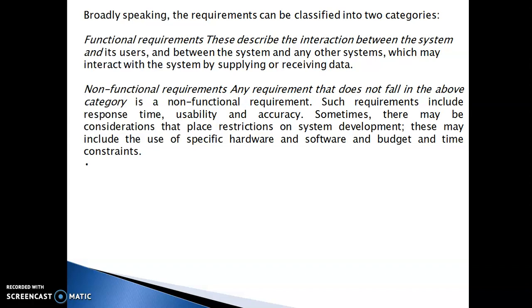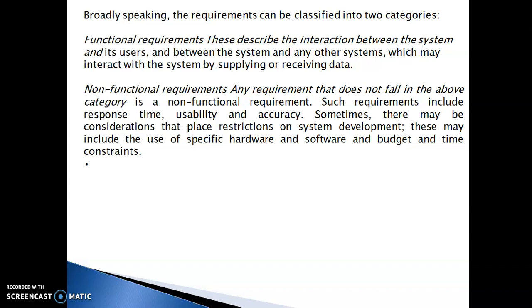Whatever input you give to the computer, if the computer transfers it to another computer, that is called a functional requirement. You are directly giving certain input to the computer.